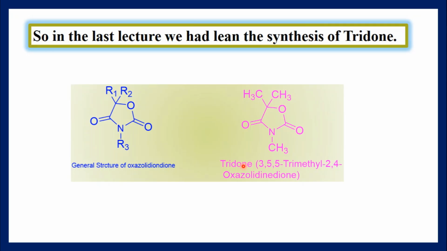That derivative on reaction with dimethyl sulfate in alkaline medium, using NaOH, gives trimethadone or tridone. So this is all about the synthesis of tridone that we learned in the last lecture.